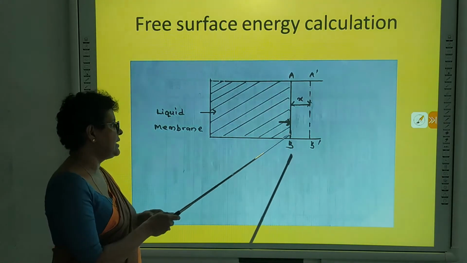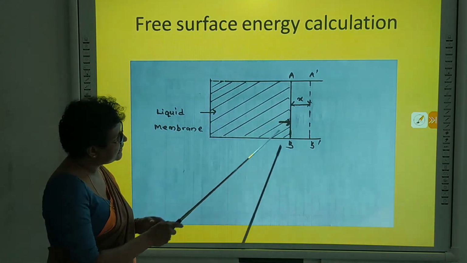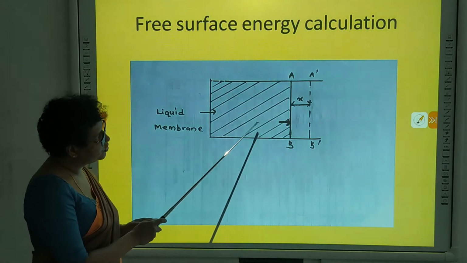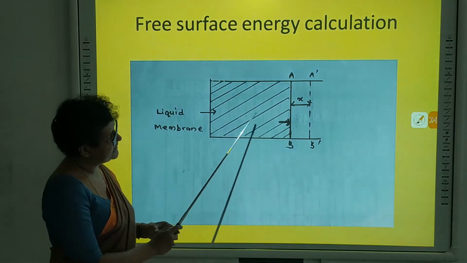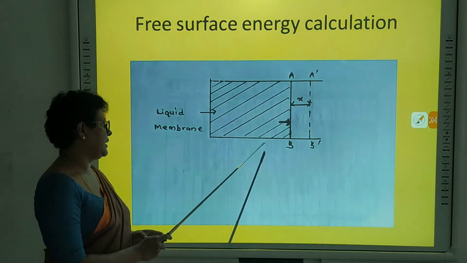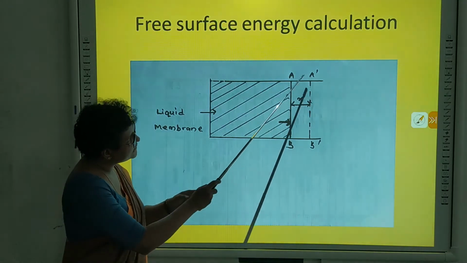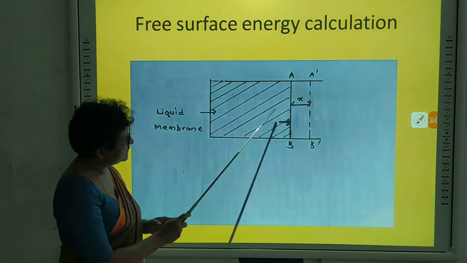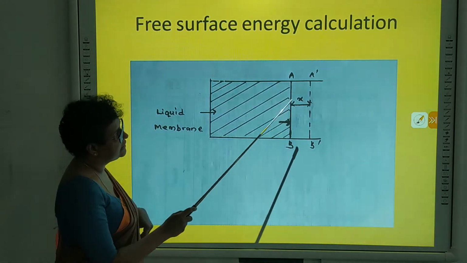Now here, line AB has length L. This AB line, you can move. If you move this way, the area will increase, and if you move it this way, the area will decrease. Now I have moved it this way, to A dash, B dash, so the area will increase a little bit, right?